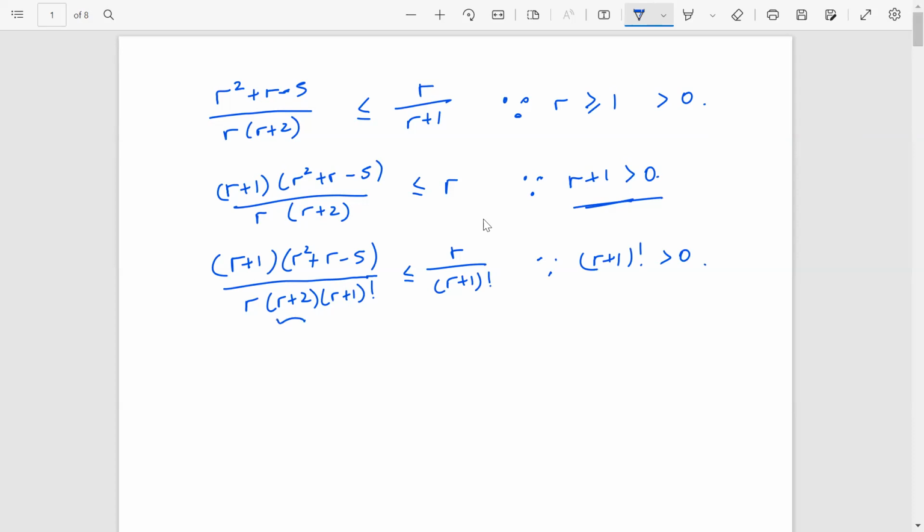So now this one is your r plus 2 factorial. In fact, you may even ignore this equal sign, because they are equal only when r equals 0. It's actually positive when this is not equal to 0, but for this particular question, no need.